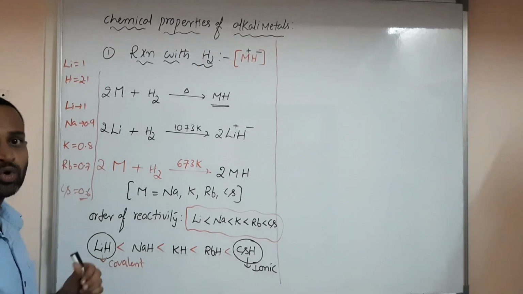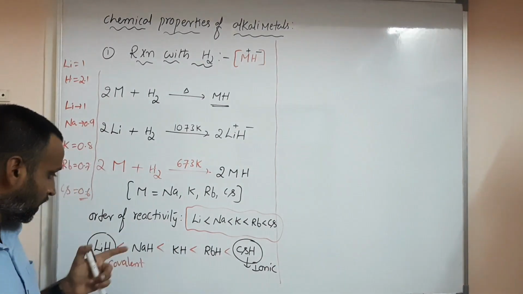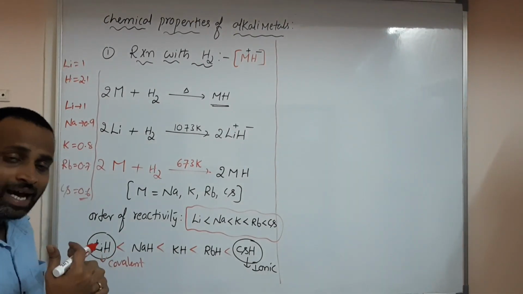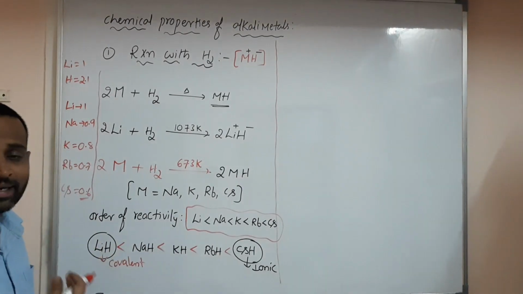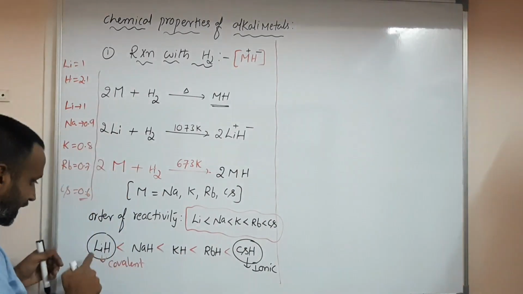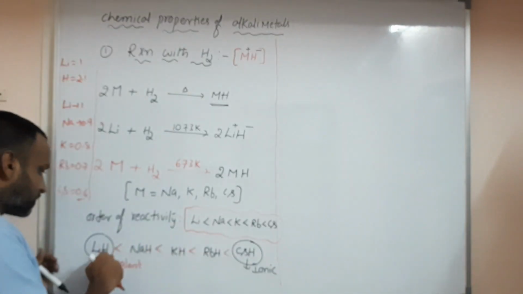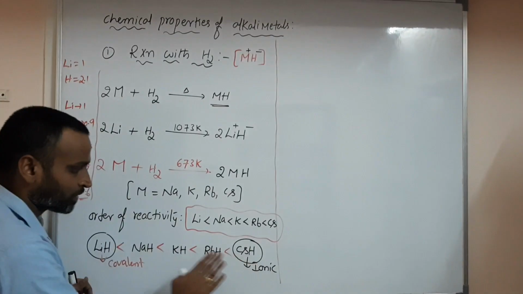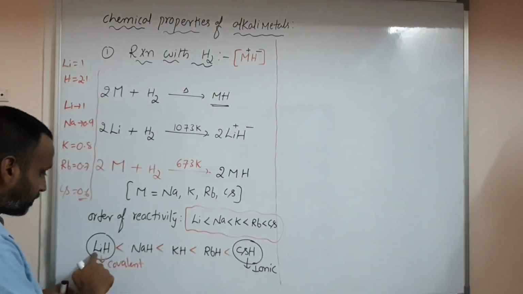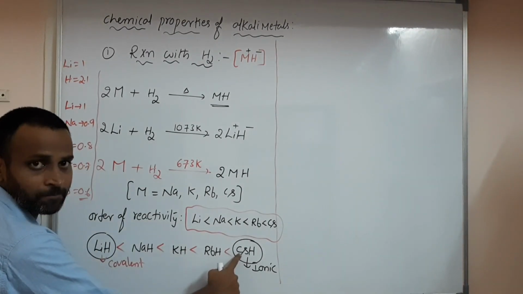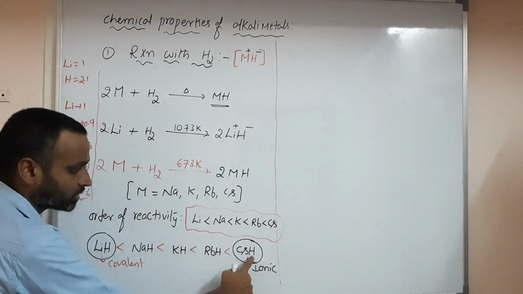Covalent character. You can also give the answer another way. Why does lithium hydride have covalent character? Li plus is small, hydrogen is small. Hydrogen is common, so you have to compare only the size of the metal ion. Here Li plus is small, Cs plus is big, hydrogen small.